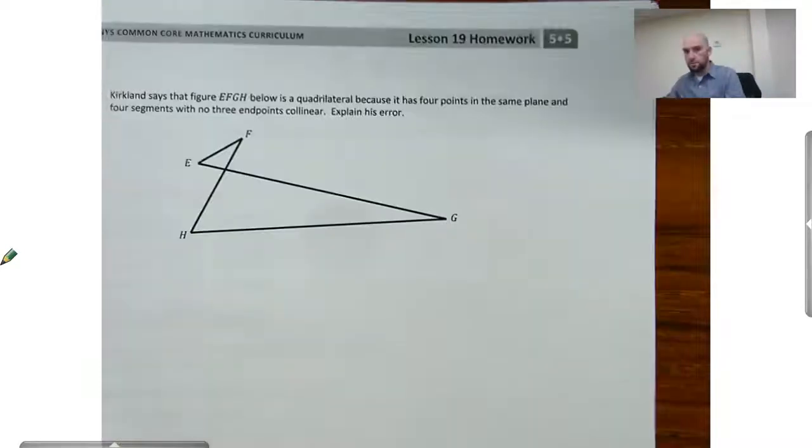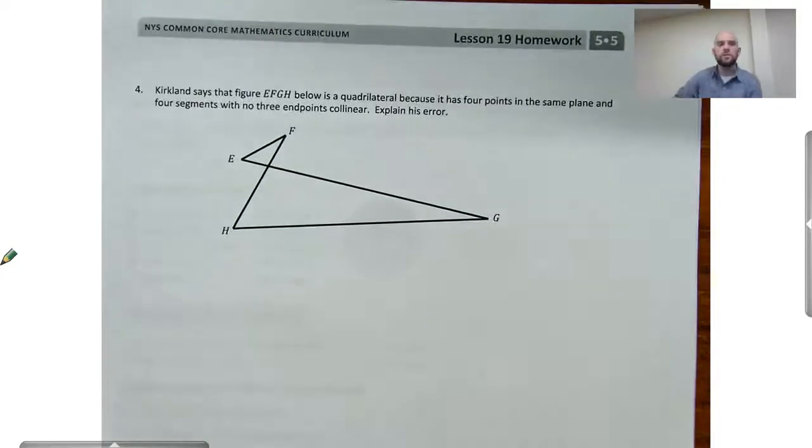All right, let's look at the next page here. This one says, Kirkland says that figure EFGH below is a quadrilateral because it has 4 points in the same plane and 4 segments with no 3 endpoints collinear. Explain his error.